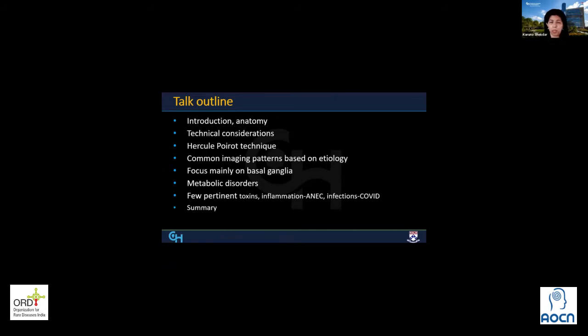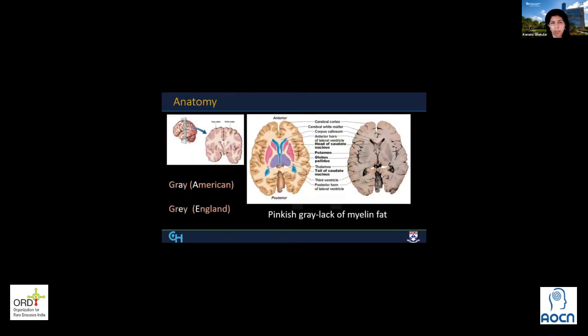And then we'll look at some common imaging patterns, and the approach that I've taken today is going to be based on the etiology or the cause, and we will look at several case-based approaches to these. And my focus will be mainly on basal ganglia and on neurometabolic disorders. We'll show a few pertinent cases regarding toxic conditions, some inflammations, particularly acute necrotizing encephalitis of childhood and COVID infection. And so let's begin.